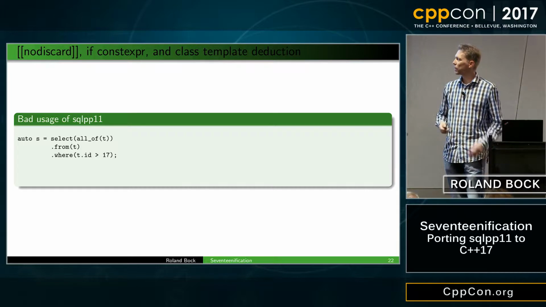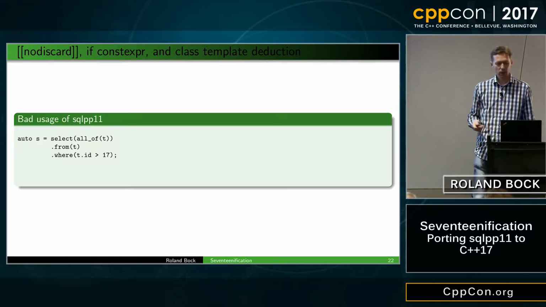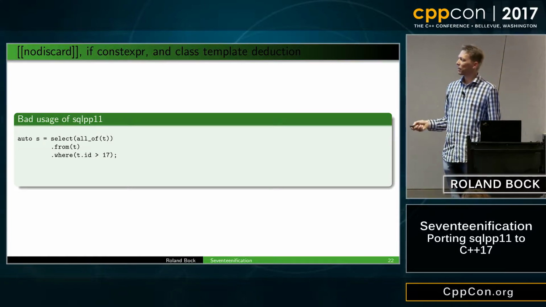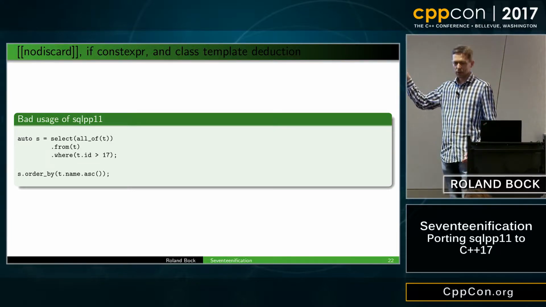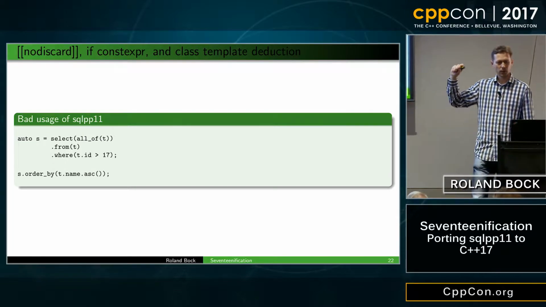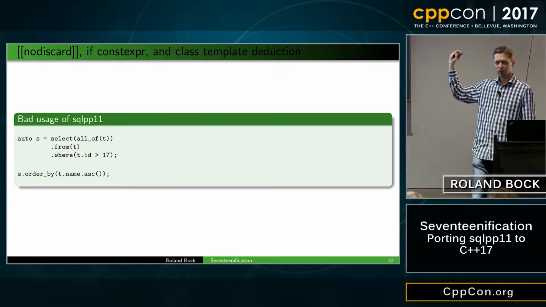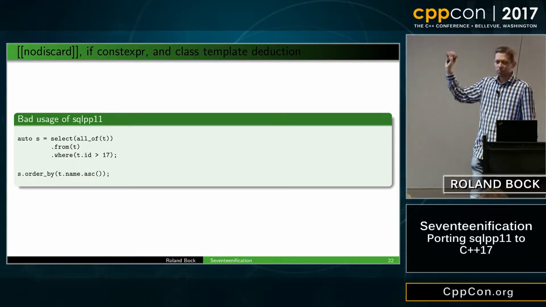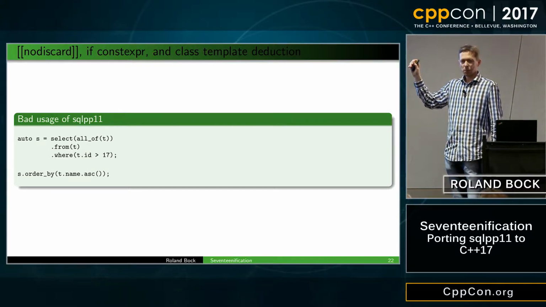Like here, you select all the columns from T with some condition, and then store that into some variable. And then later on, after some other code maybe, you say, oh, right, I want to order them. Right? And you say s.order_by something. Now, this looks reasonable, but it does basically nothing.